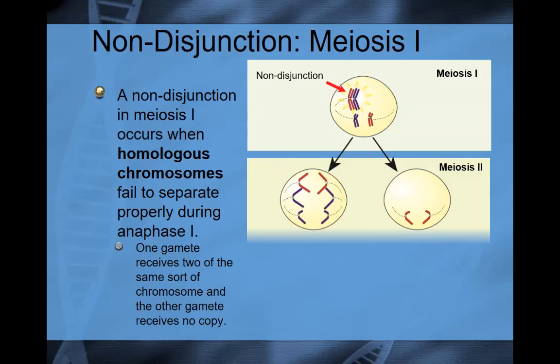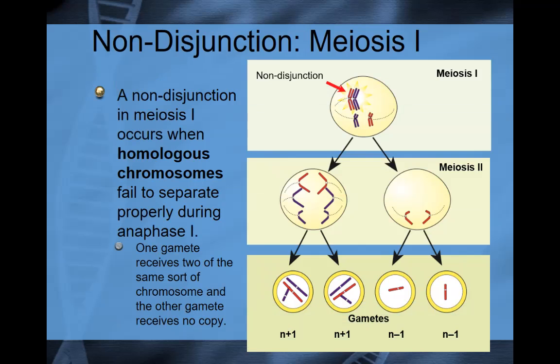In meiosis II, it does a normal separation, but you'll notice that all of the cells are going to have an abnormal number. The two on the left have an extra chromosome, and the two on the right are completely missing a chromosome. This is due to a non-disjunction, and any of these gametes, whether they're sperm or egg, will produce an aneuploidy.